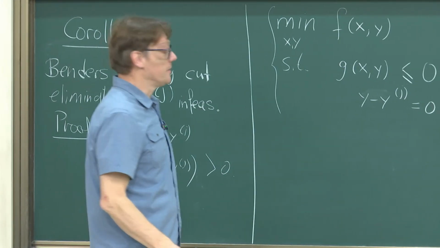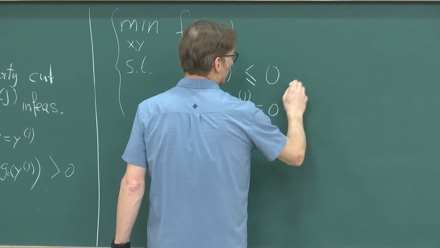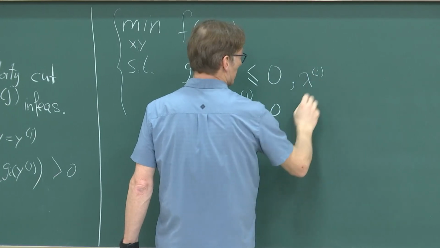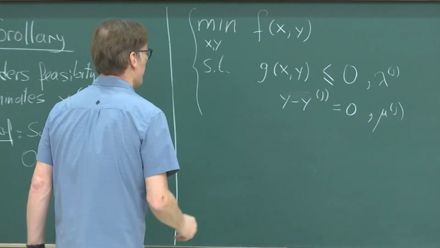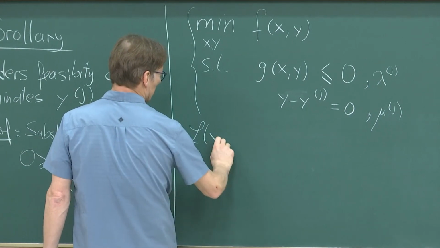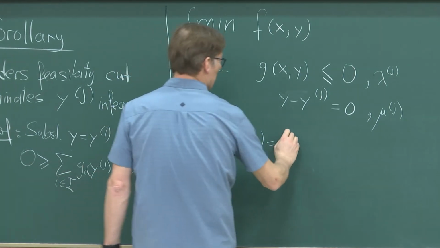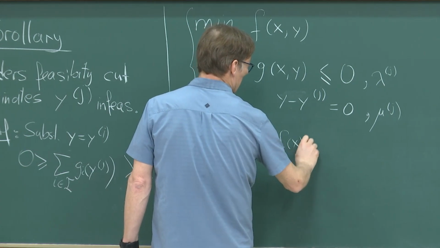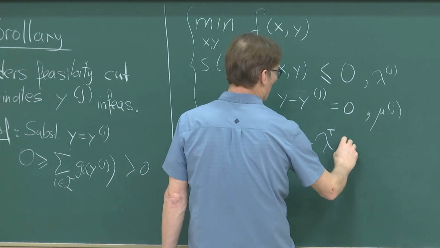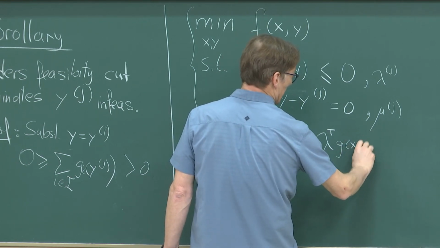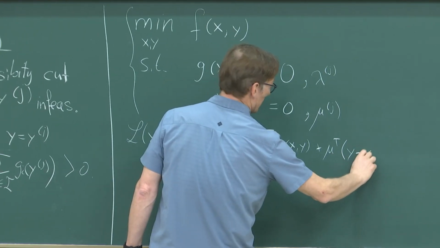Okay, so then I'm going to assign multipliers and form my Lagrangian. So the multiplier that I'm going to use here is going to be my friend lambda j, and here I just use the next letter in the Greek alphabet, mu j. So then my Lagrangian, that now depends on x, y, lambda, and mu, is given as f of x plus lambda transposed g of x and y plus mu transposed y minus yj.